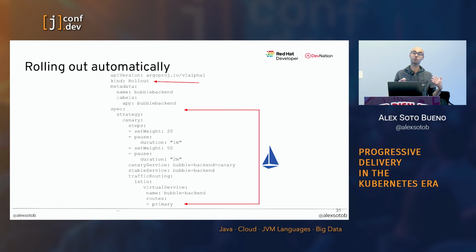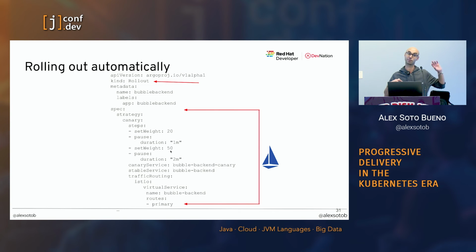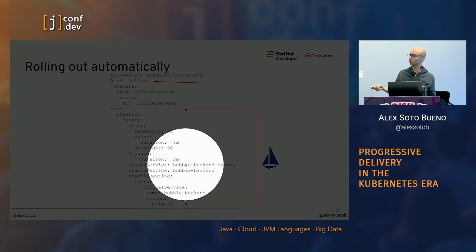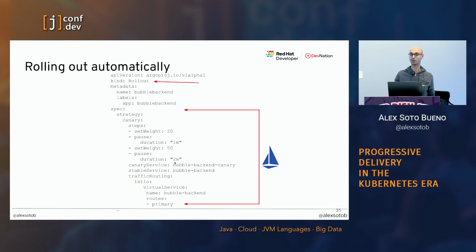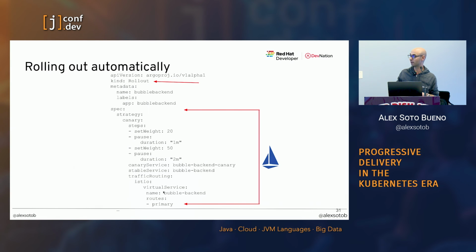If after this 1 minute everything works as expected, I want you to set the new version to 50. So you're going to send 50% of the traffic to the old one, 50 to the new one, and wait 2 minutes. After 2 minutes, it will finish the rollout by sending 100% of the traffic to V2 and 0% to V1.